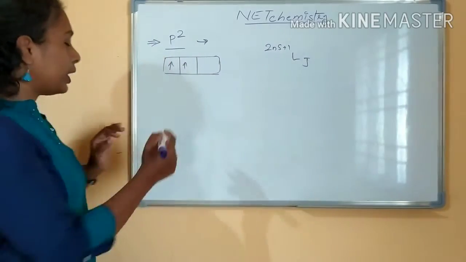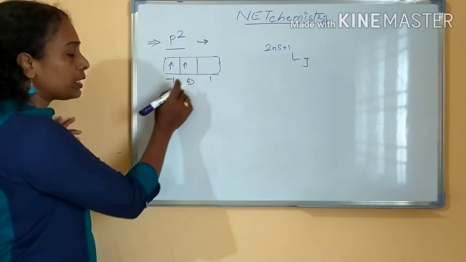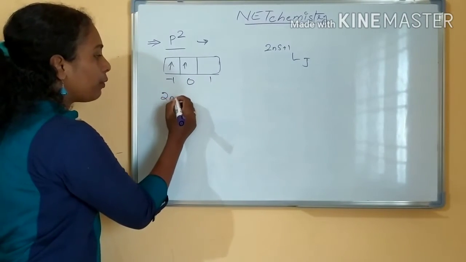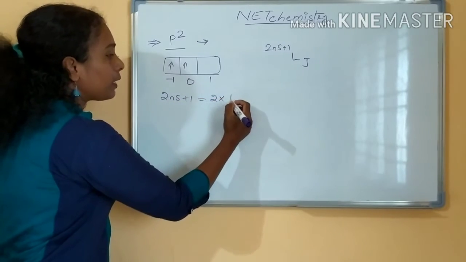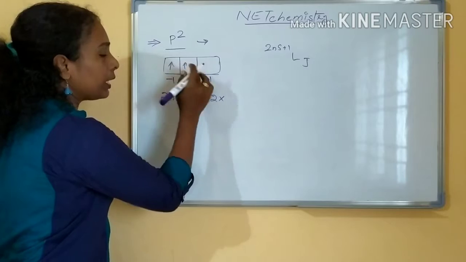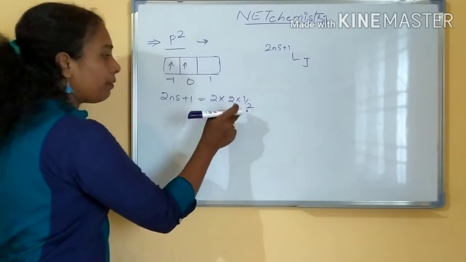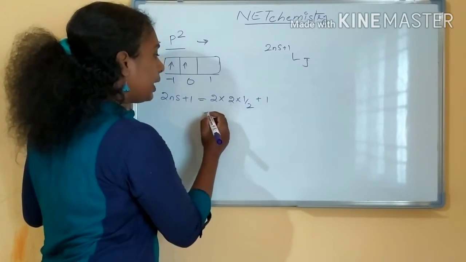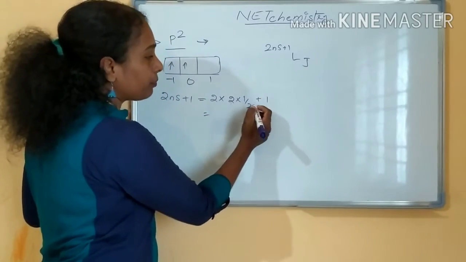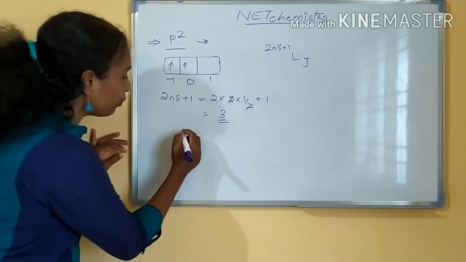Okay, p2 configuration, here -1, 0 and 1 are the L values for this. So first we have to calculate 2S+1, right? How many unpaired electrons are there? Two unpaired electrons are there, and 1/2 is the spin for each electron, so 2 times 1 is 2, plus 1, right? So what you will be getting? 3, right? 2S+1 value 3 you will be getting.